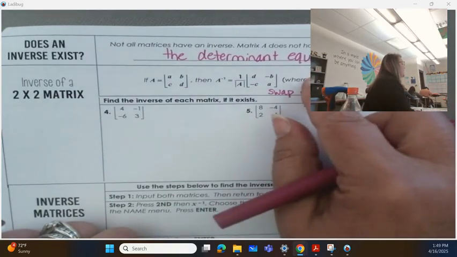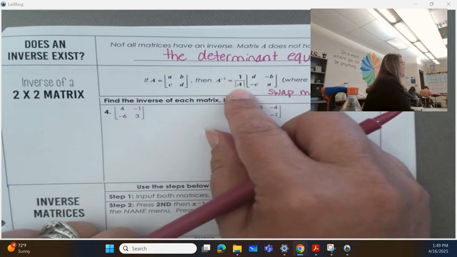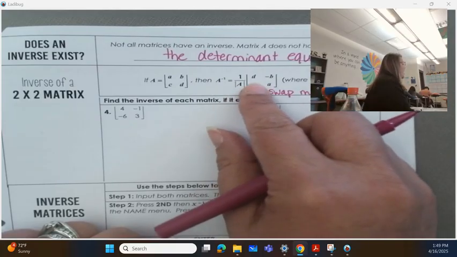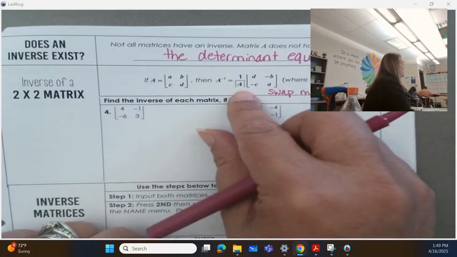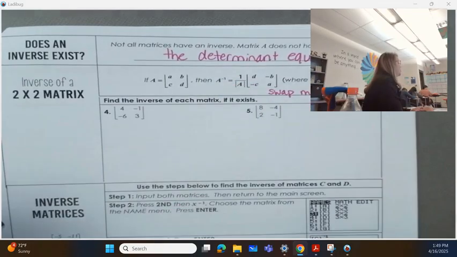So the determinant can't be 0 because look right here. This is 1 divided by the determinant. If the determinant is 0, can I divide by 0? No, you can't ever. So that's why an inverse doesn't exist if the determinant equals 0, because to calculate it, you have to do 1 divided by the determinant.